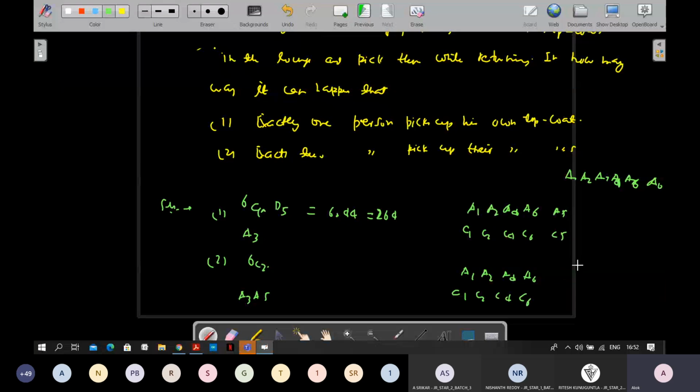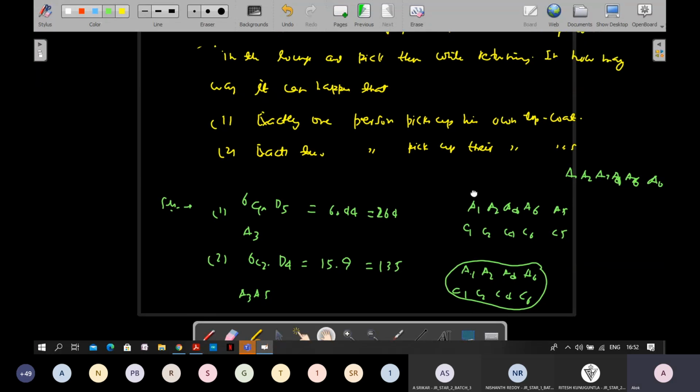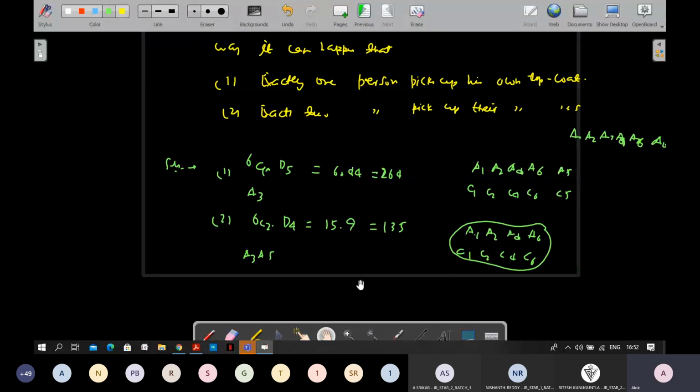Now the question reduces to saying that A1 does not get his coat C1, A2 does not get his, A4 does not, A6 does not. It means a derangement on 4 symbols, which can happen in D4 ways. D4 we know. So 6 choose 2 is 15, and D4, of course, I told you is 9. You can calculate, and this is 135. So this is 135 ways.